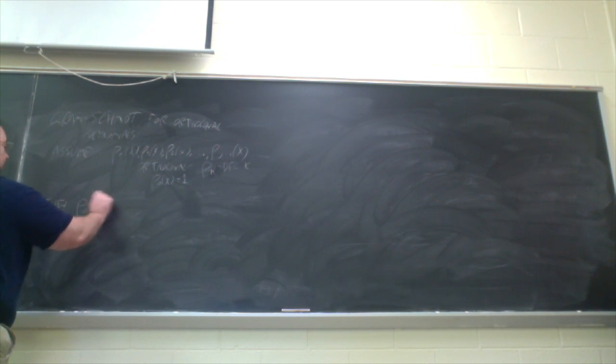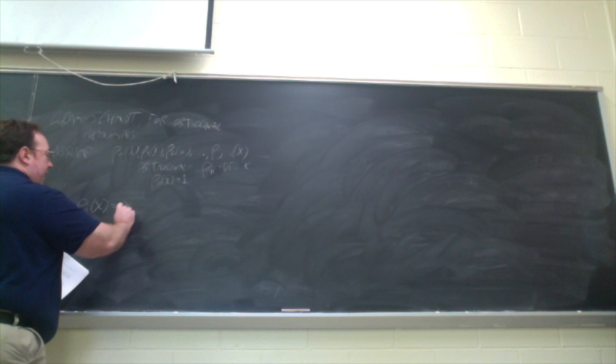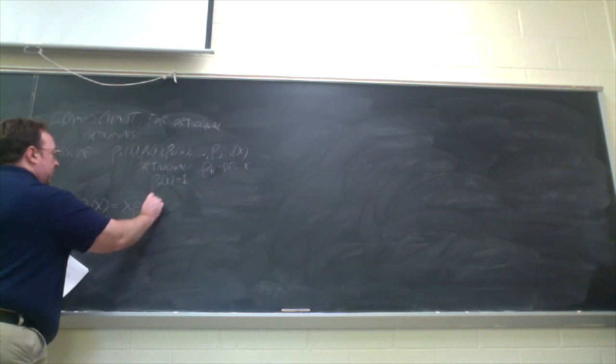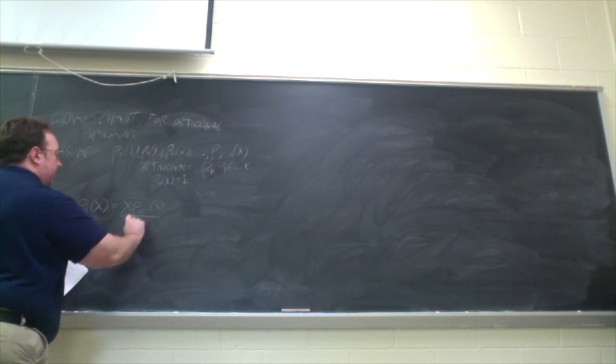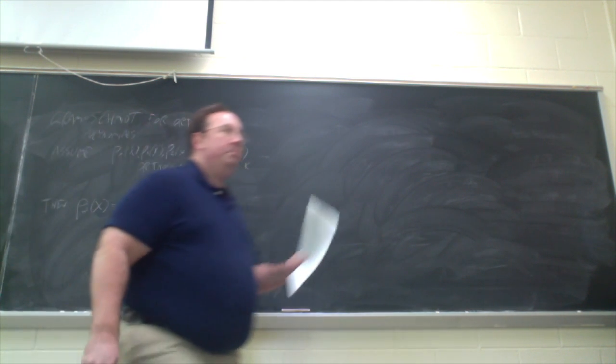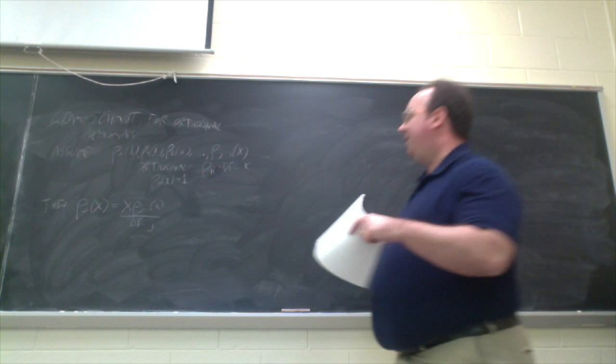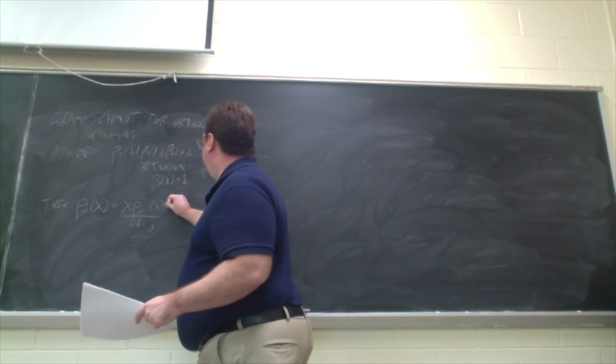What I do is I take my latest polynomial, p_{j-1}, but that's of degree j minus 1. I need degree j, so I'm going to multiply it by x. Now this is degree j like I want, and then I take that and orthogonalize it against everything else.